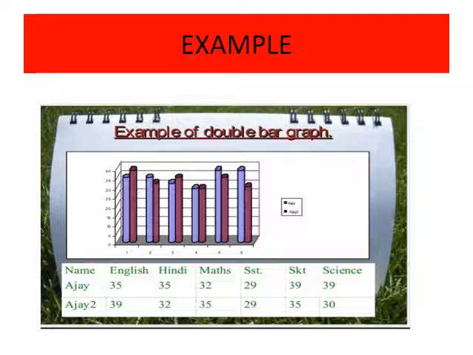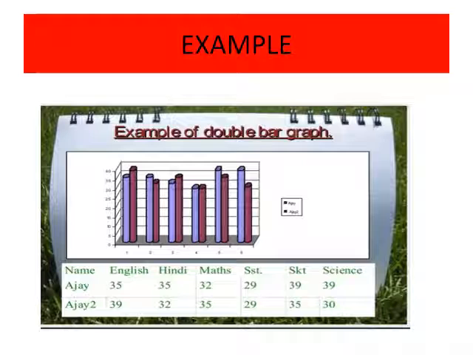Looking at the table or at the bar graph, we can see that both the students have got same marks in SST, that is 29. We can compare their marks subject-wise. We can give answers to certain questions only by looking at the bar graph.